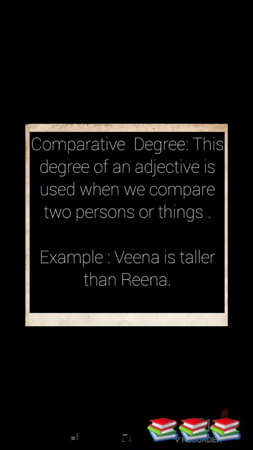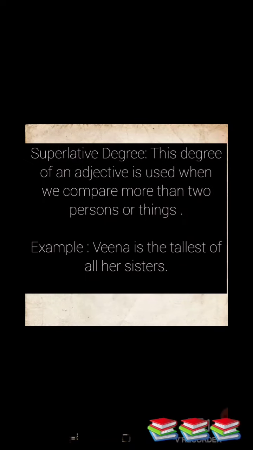Here I am comparing Veena with Reena, and I have used taller, the comparative degree of an adjective. So when we compare 2 personalities or 2 things, that comes under comparative degree.